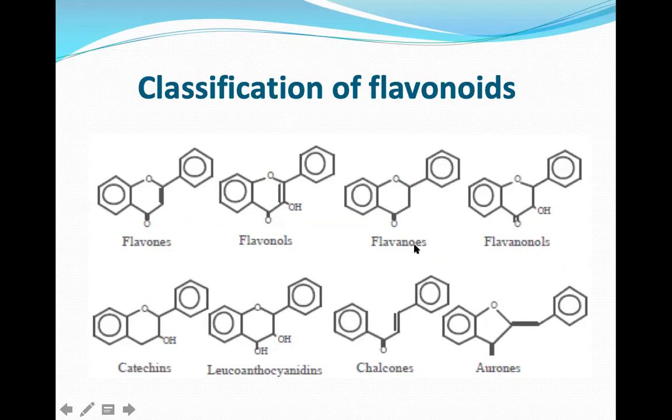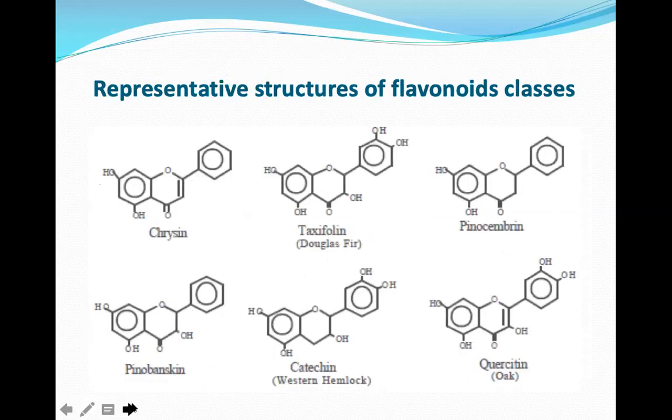So flavanones, N-O-N-E-S. Then flavanols, catechin, leucoanthocyanidins, chalcones, and aurones. So these are the 8 groups of flavonoids, and there are huge structural differences in each group, and lots of compounds have already been discovered.